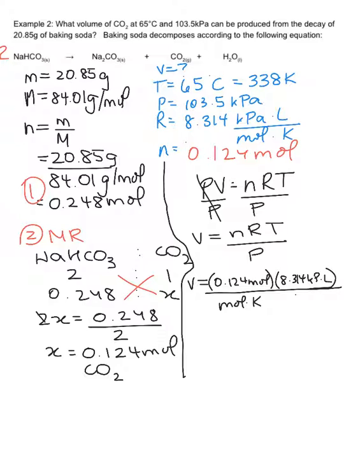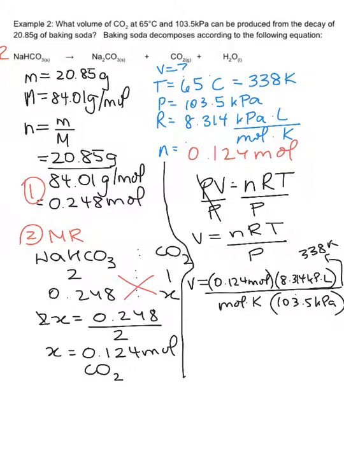And I ran out of room here, so I'm just going to put my temperature up here, but hopefully you can fit yours in a better spot. So 338 Kelvin over the 103.5 kilopascals. Okay, so sorry for this messy writing here.